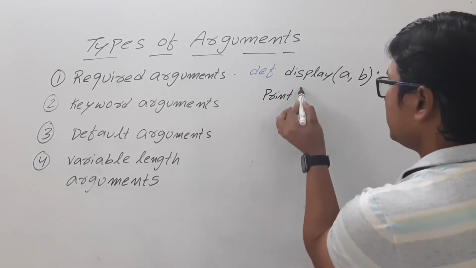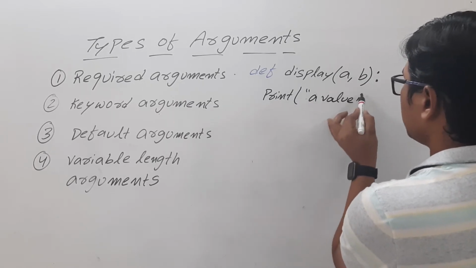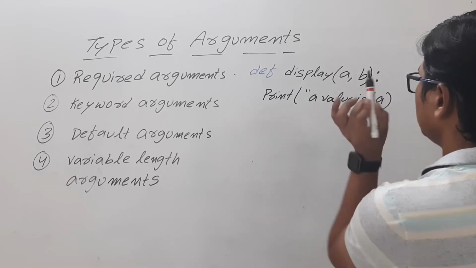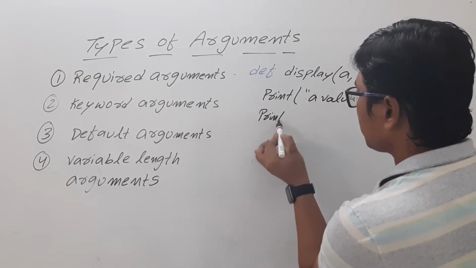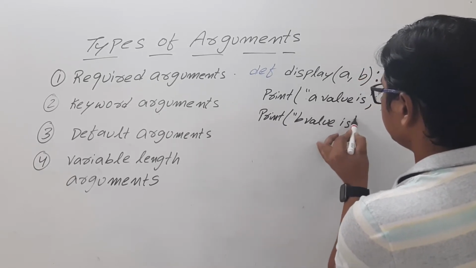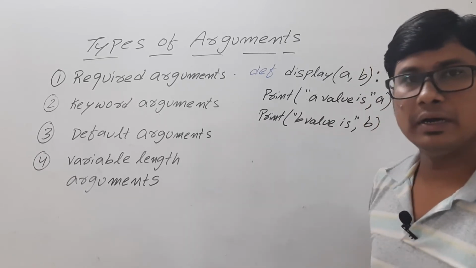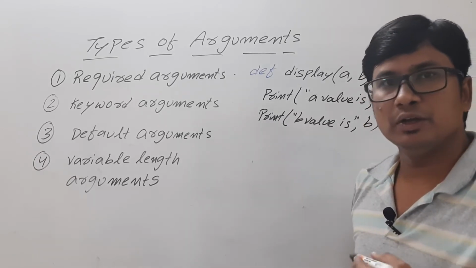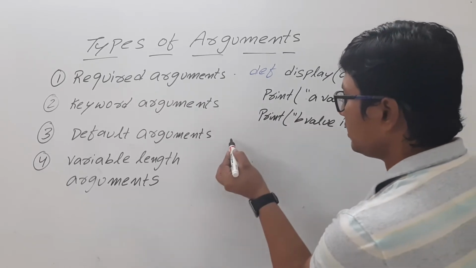Print a value is, like this, and then print b value is, then b. Now I have to read the input from the user, the a value and b value, and I want to store them in the variables a and b.